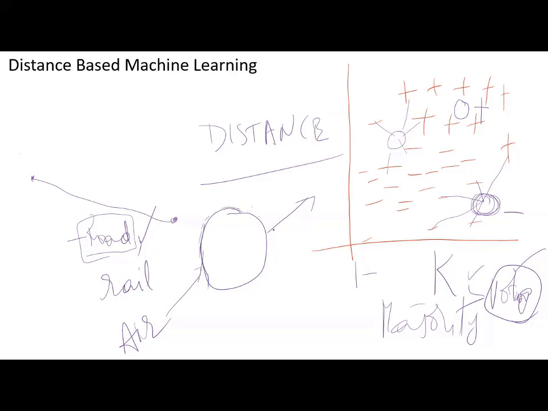But through air, if it takes 2 hours to cross a mountain by road, it can be crossed within just 2 minutes. So this is how distance-based machine learning works.